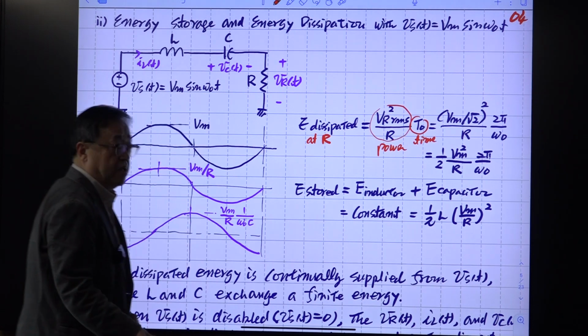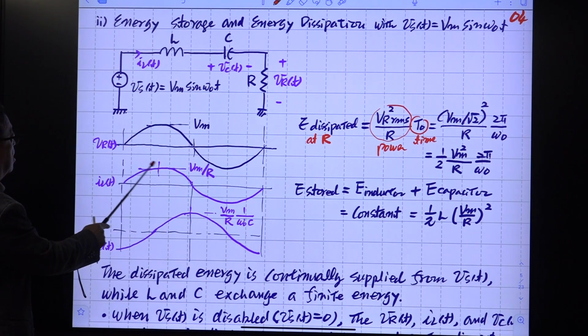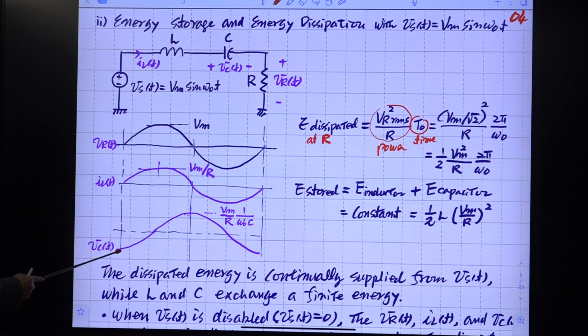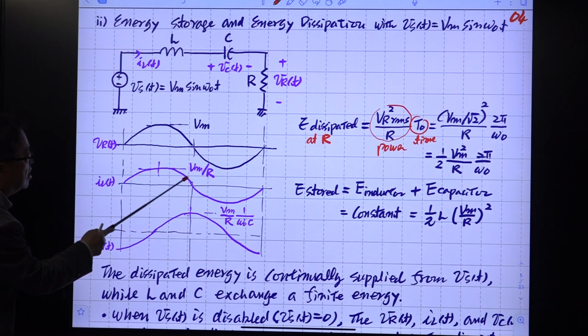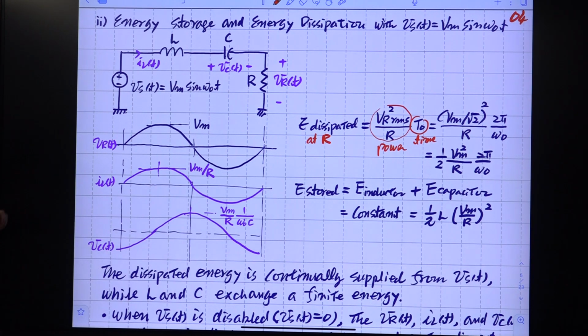Then the waveform of IL(t) is like this, and the waveform of VC(t) is like this. With IL(t) like this, energy is stored in the inductor: one half L i squared is the energy stored in the inductor, and one half C VC squared is the energy stored in the capacitor.